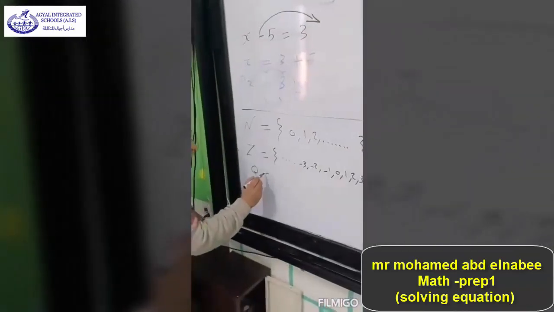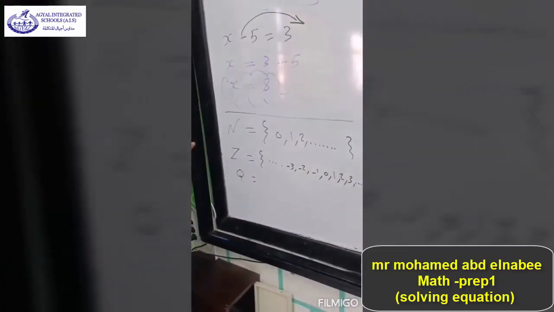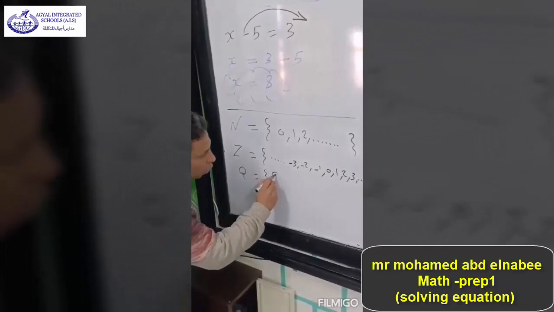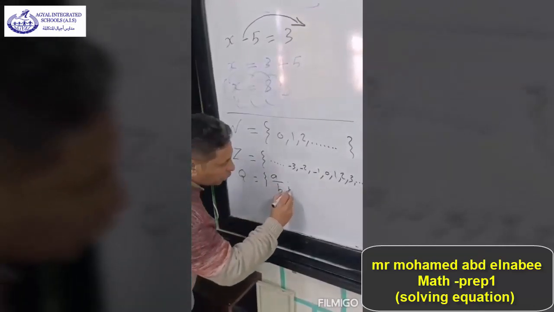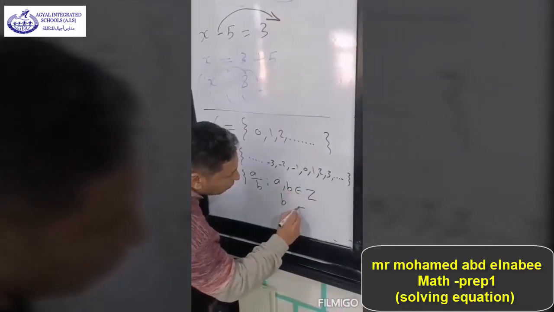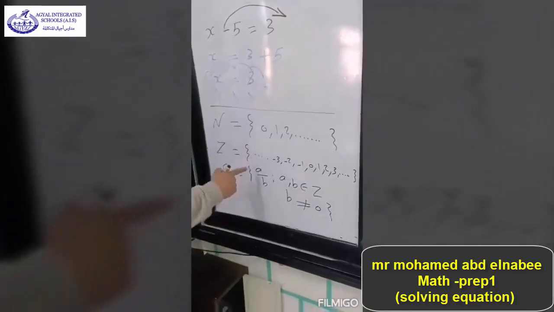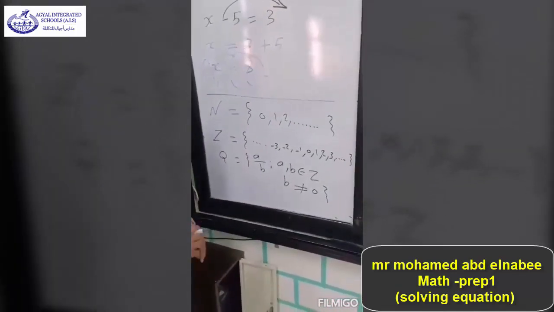Q, which you studied in first term, is the set of rational numbers. The set of rational numbers contains all numbers in the form A over B, such that A and B belong to Z, but B must not equal 0. Why? Because any number over 0 has no meaning.